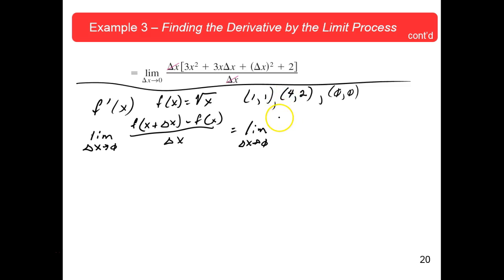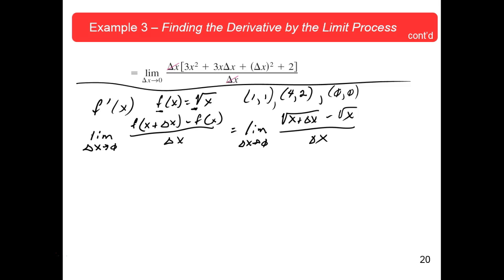Here's your function f. It does that to it. So what would it be? The square root of x plus delta x, minus the square root of x, all over delta x.